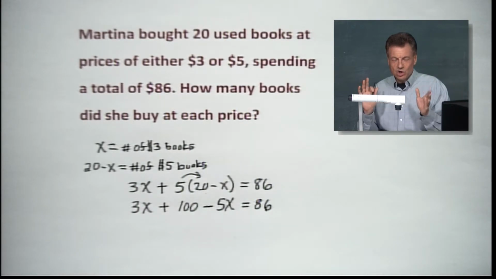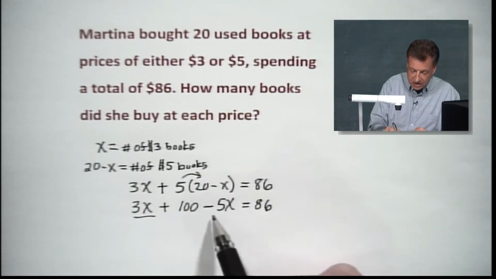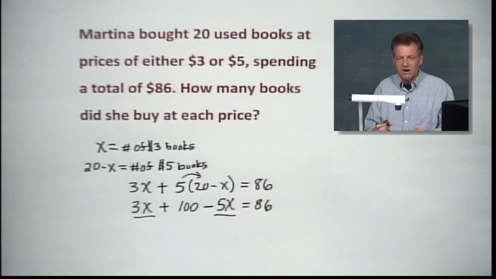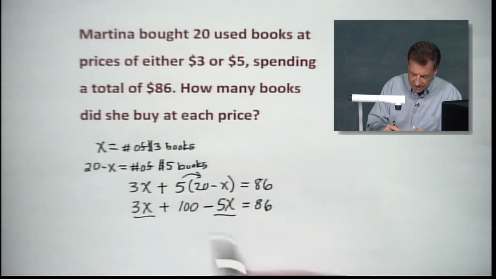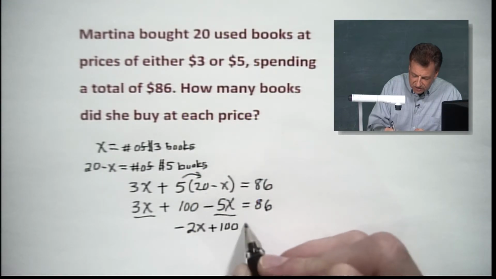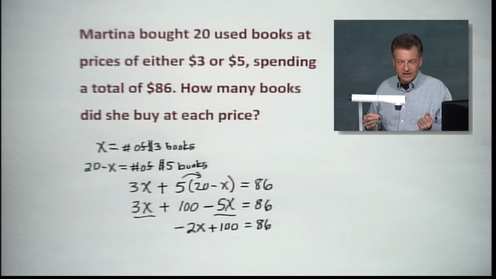Life is good, because this is going to work out very nicely for us. First of all, let's put our like terms together. Yesterday we mentioned that river thing: you can't jump over the equals, it's like a little river flowing through there. We have negative 2x plus 100 equals 86. Already this problem is looking so much easier, isn't it?